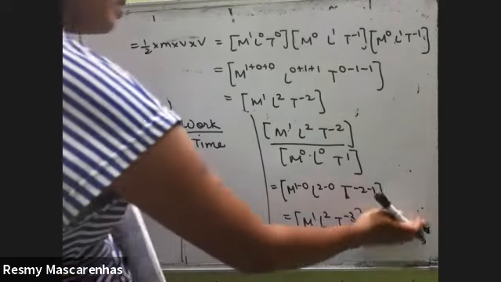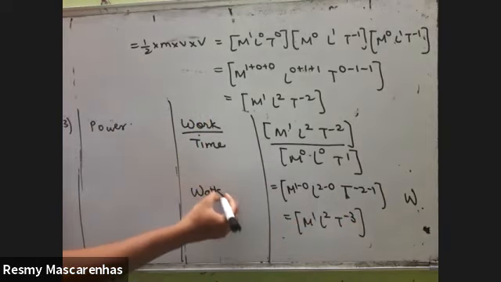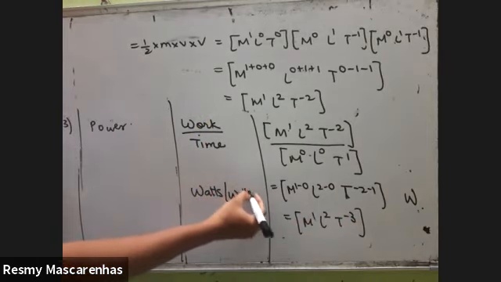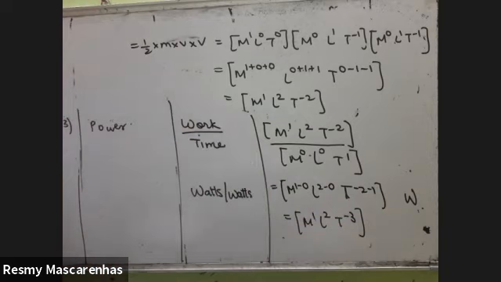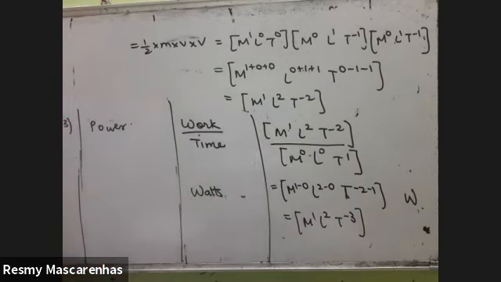And the unit is W. W is for watts, however you want to pronounce. Hundred watt bulb, like that we say, no?